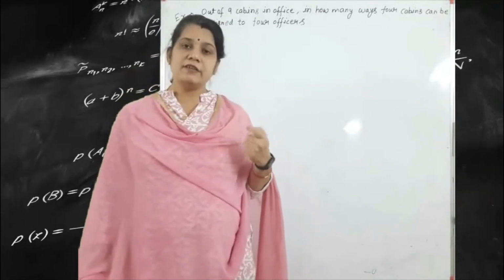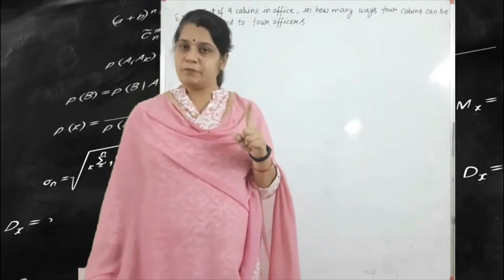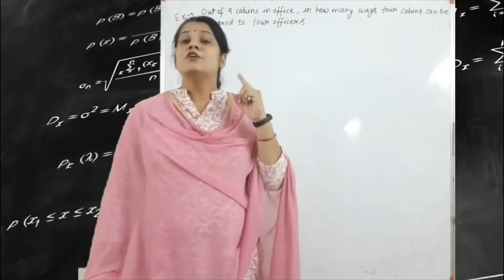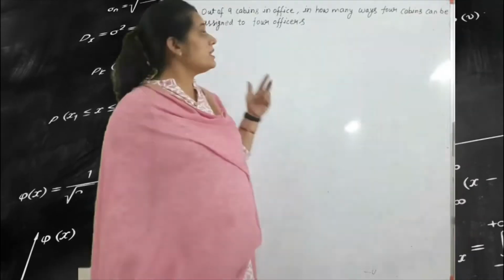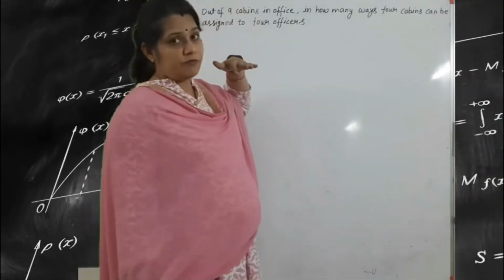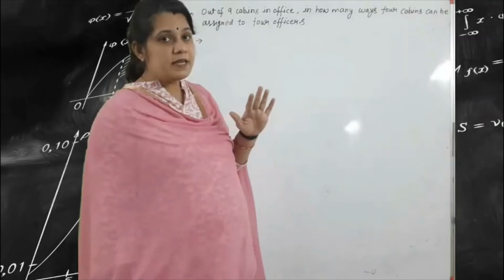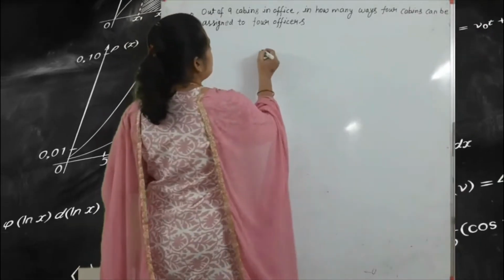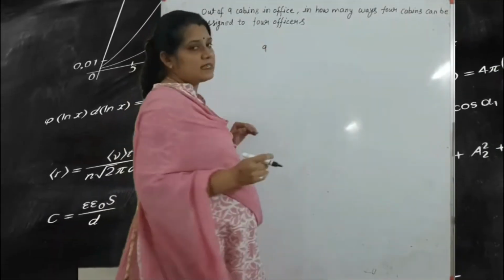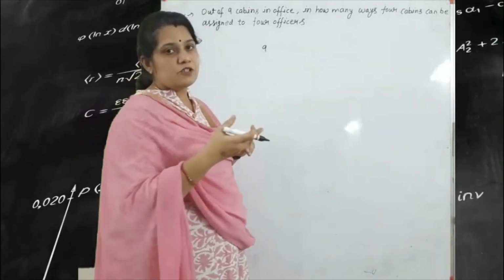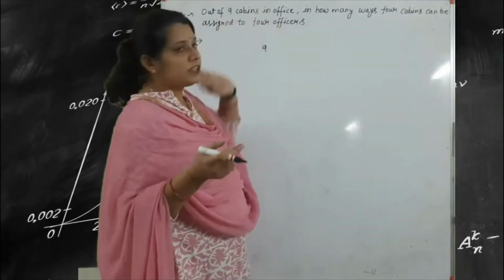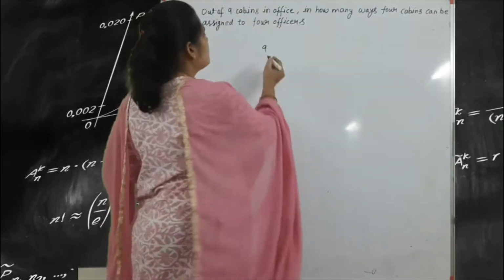We have 4 officers. For the first officer, how many ways are there to choose a cabin? Because we have 9 cabins, the first officer has 9 ways. That means the first officer chooses any one cabin out of the 9.